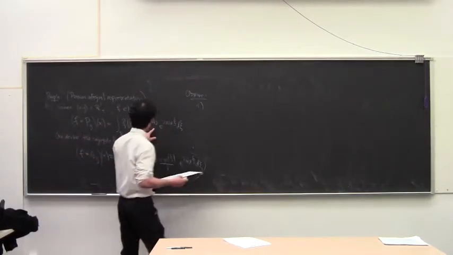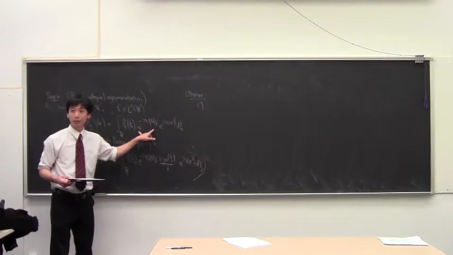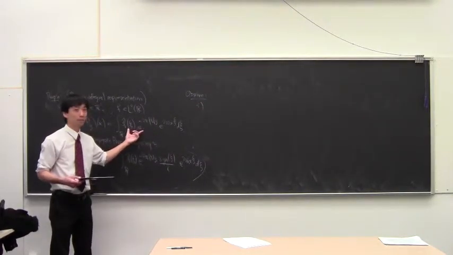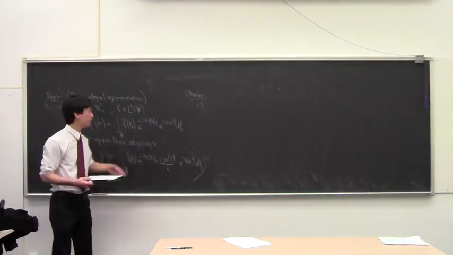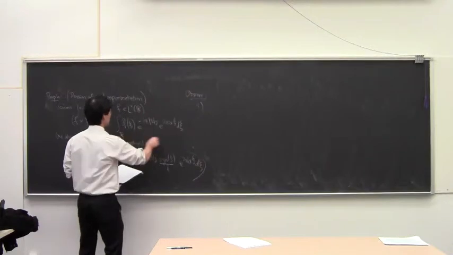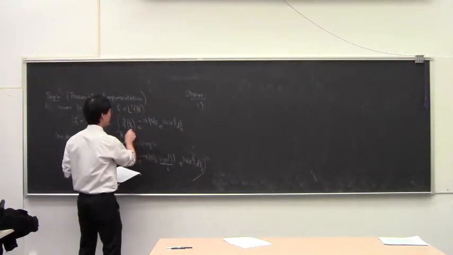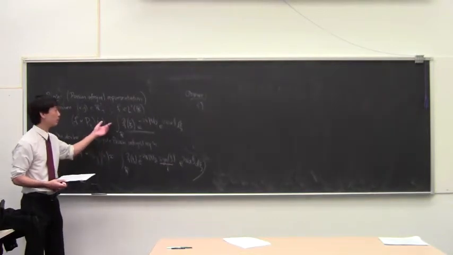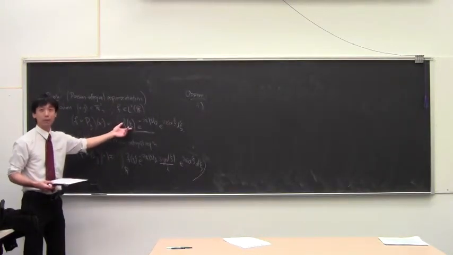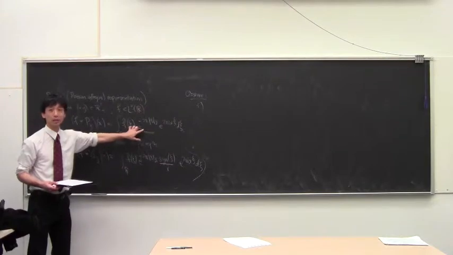And then on the right hand side, what happens when you take the Fourier transform? Well, this is the inverse Fourier transform of something, right? This expression on the right is the inverse Fourier transform of this thing. So when you take the Fourier transform of the inverse Fourier transform, you're just going to recover this function here.